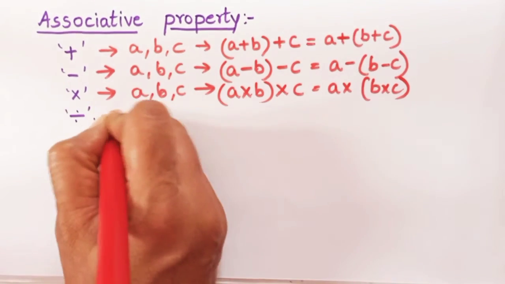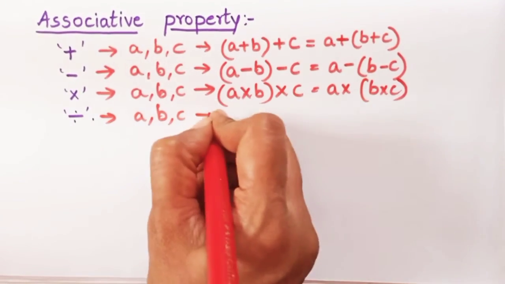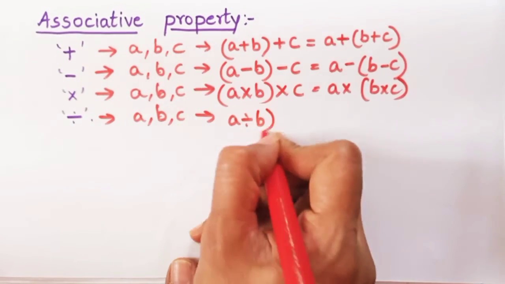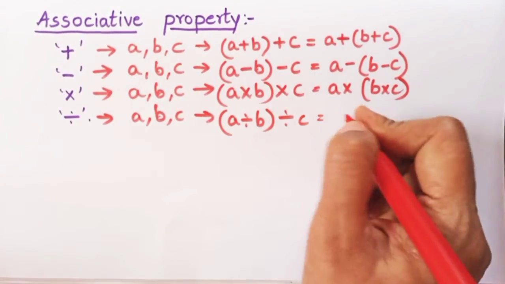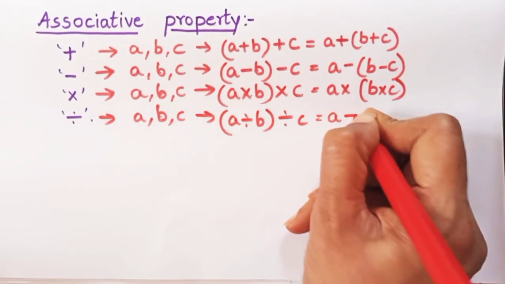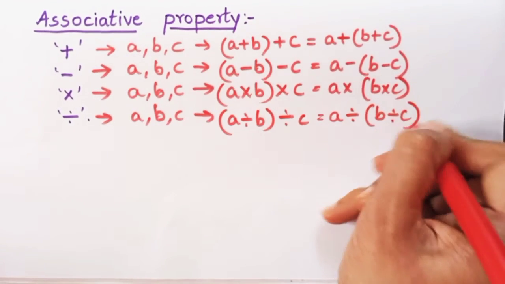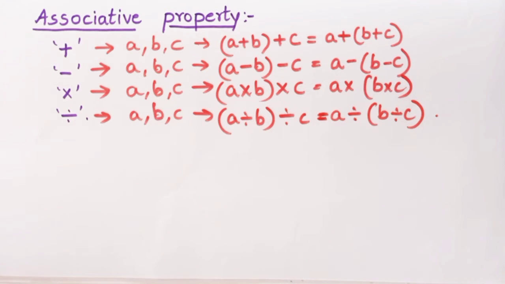The same thing with division also. Whenever we are having three numbers, (A divided by B) divided by C is equal to A divided by (B divided by C). We are repeating it with all the operators because you need to be thorough with the associative property.